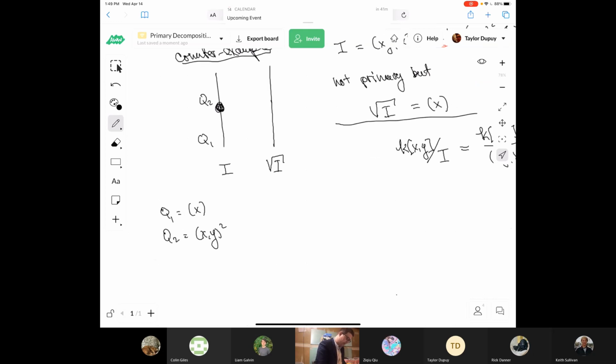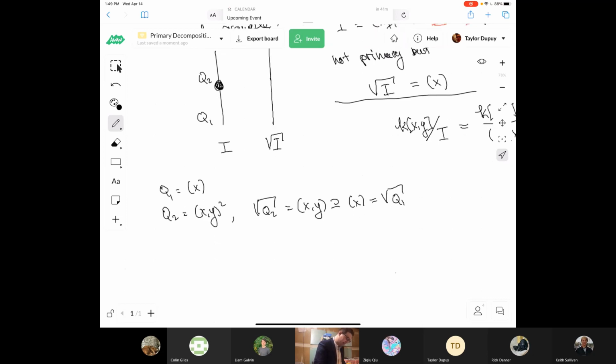And so the radical of Q2 is just this maximal ideal, and it contains the radical of Q1, which is (x), which is Q1.